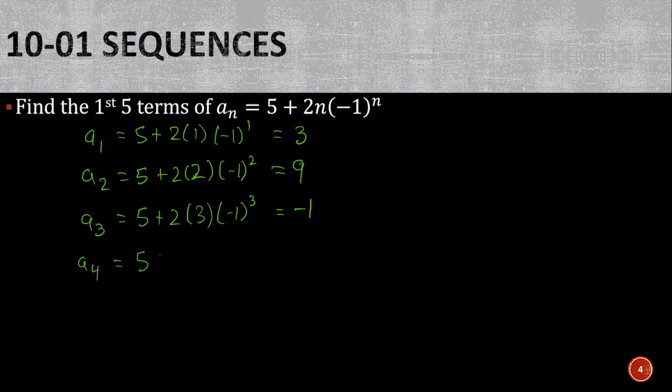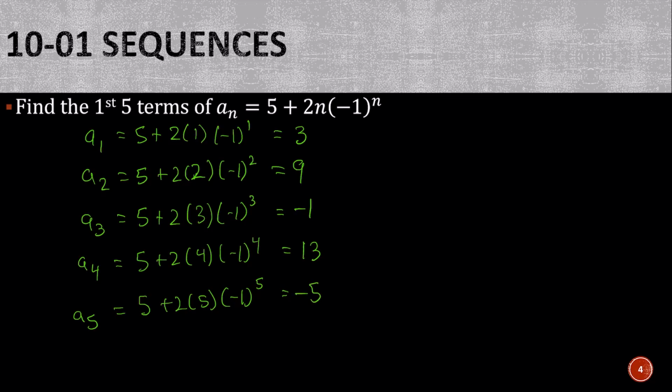A4, plug in a 4 for the n. -1 to the fourth is +1, so we'll have 5 plus 8, which is 13. And lastly, the fifth term, plug in a 5 for the n. -1 to the fifth is -1, so a 5 plus a -10 would be -5.